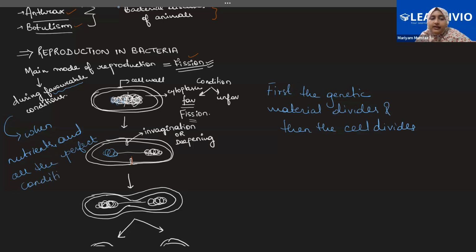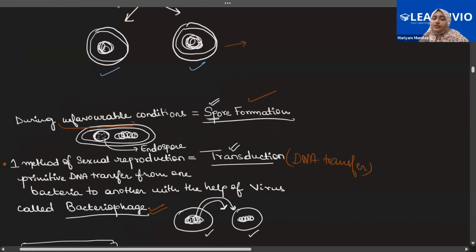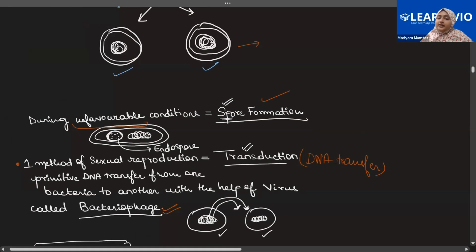Whenever the perfect conditions are present, the bacteria reproduce by fission. But in case the nutrients are not there, or the space is not there, then the bacteria will divide by the process of spore formation.